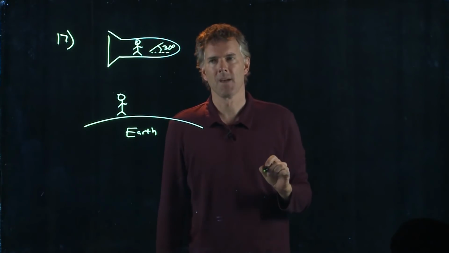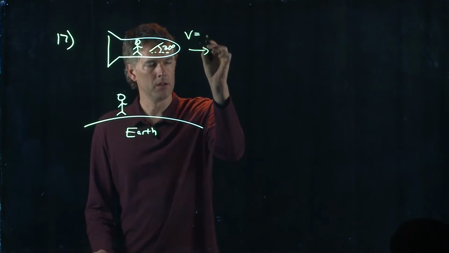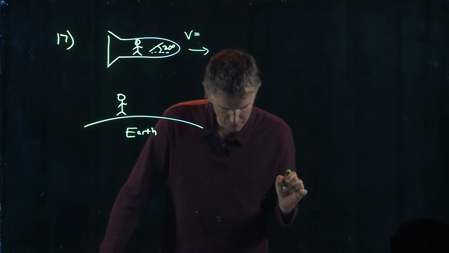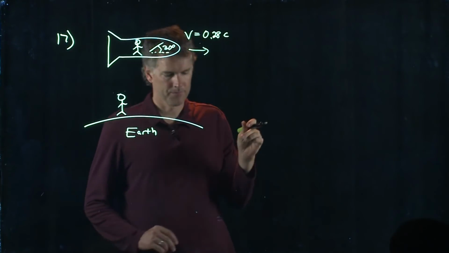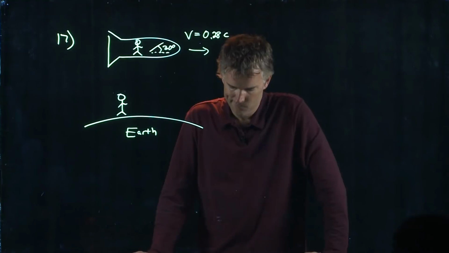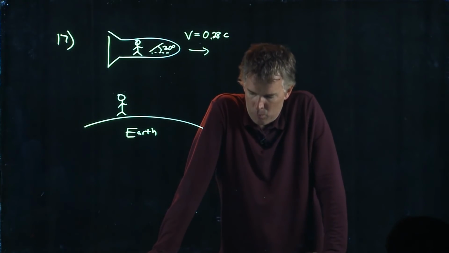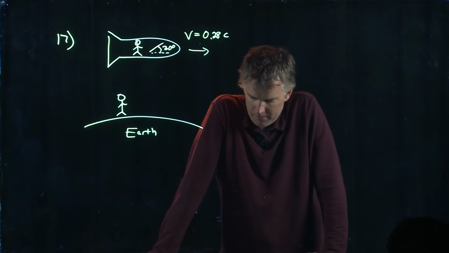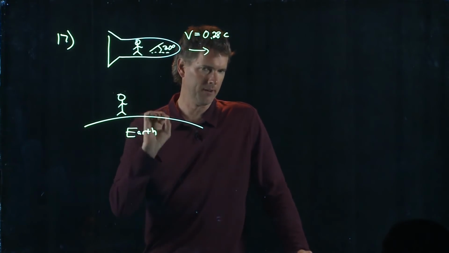Okay. And the whole spaceship is moving along at speed v, which is 0.28 c. And the question is, what angle does the pencil make according to Brian?